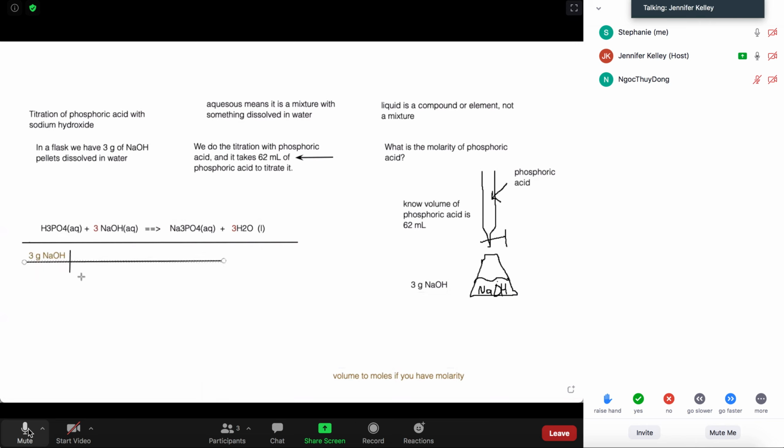So we go grams to moles, moles to moles. That's all I need. So now we just need the molar mass of sodium hydroxide. So sodium is 23, and oxygen is 16, and hydrogen is 1. So that is a total of 40.